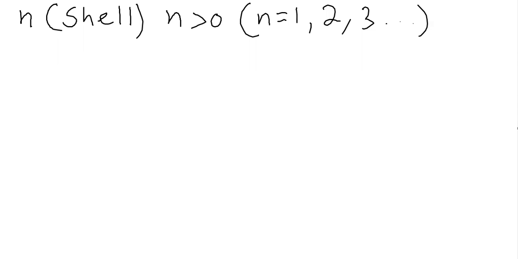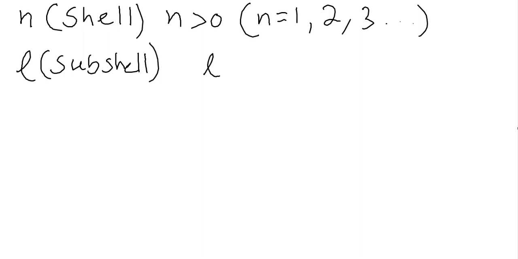Within the shell n, we have something called the subshell l. Because it is within a shell, it depends on the shell. The smallest value of the subshell l must be 0, not smaller than 0, but it must be smaller than n while still being an integer.